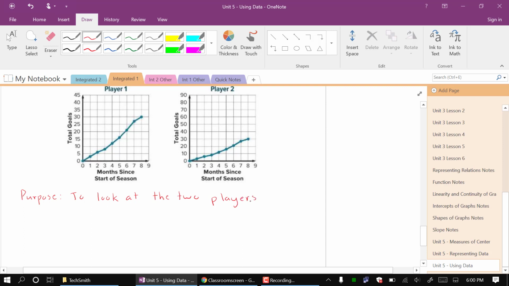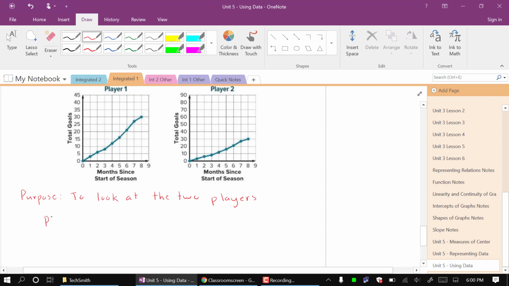And if we look at this, based on the graph, which one looks like the better player? Player 1 or player 2? It looks like player 1, because they're higher up than player 2. But as we said, player 1 is going by 5.